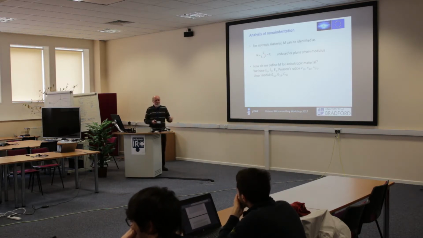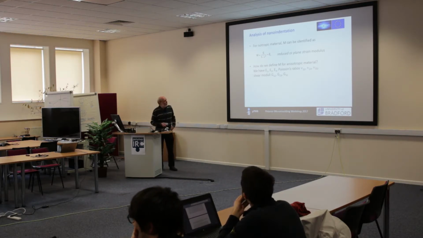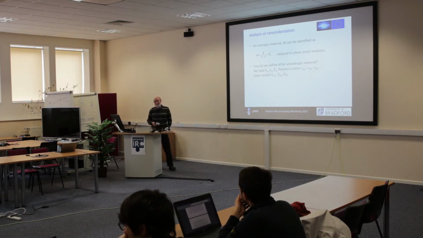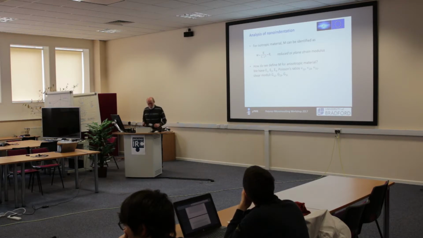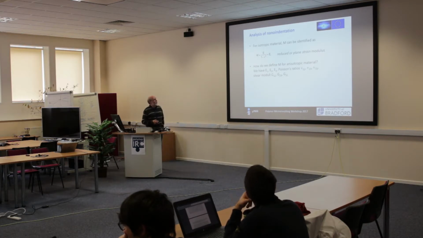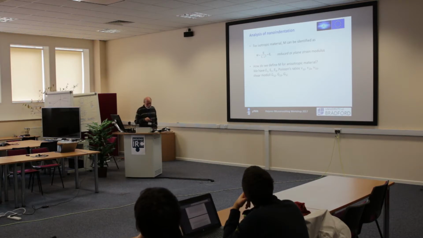With anisotropic materials, you can't even assume that. You can get Poisson's ratio getting up maybe past 1. Even in the extreme case of auxetic materials, you can get negative Poisson's ratio. So all the simple rules of isotropic materials don't apply. So you've got a series of problems.